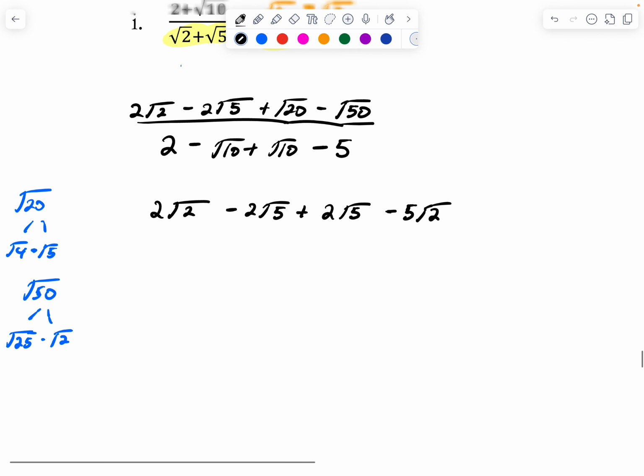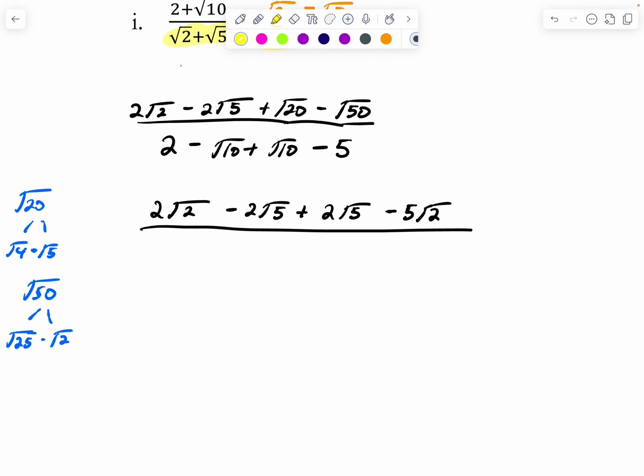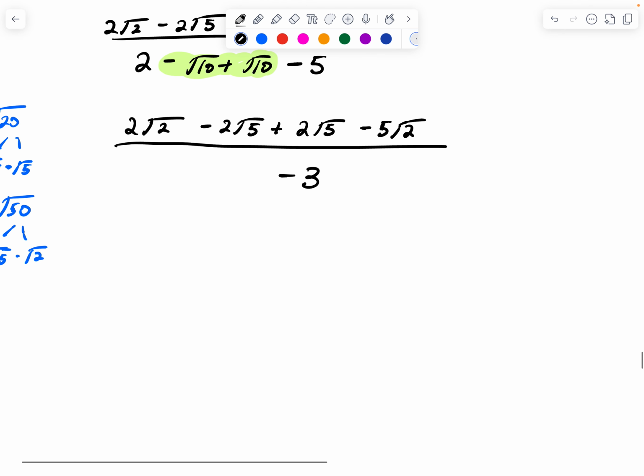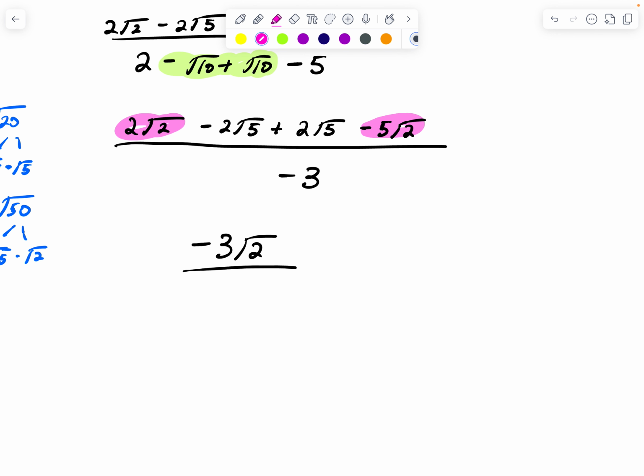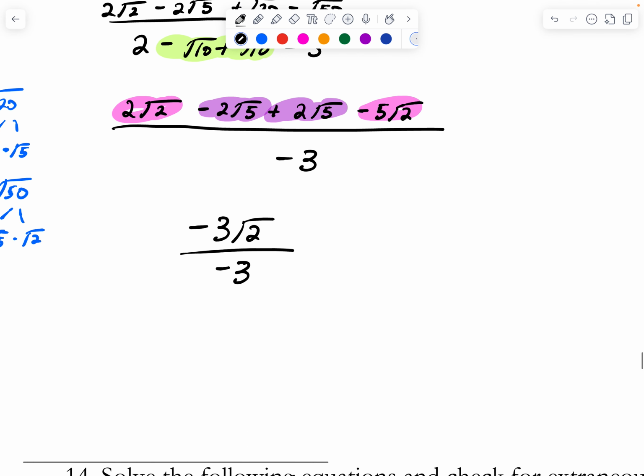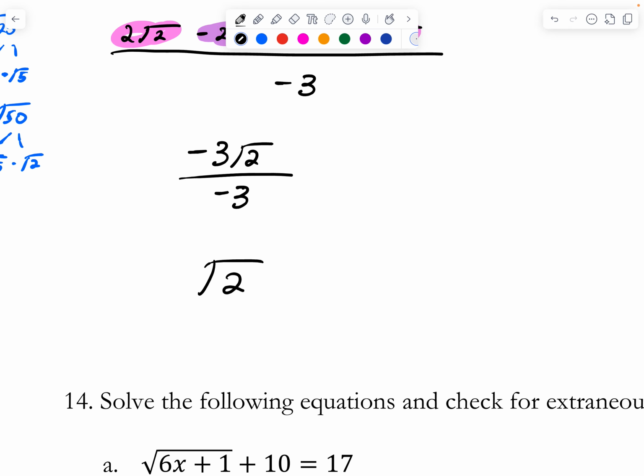And then all over my denominator, remember these make 0. So 2 minus 5 is negative 3. Let's combine like terms in the top. I've got 2 root 2 minus 5 root 2, which is negative 3 root 2. And then, oh man, look at this. These minus 2 root 5 plus 2 root 5 make 0. My negative 3's are going to cross out, so I get just root 2 in the end.